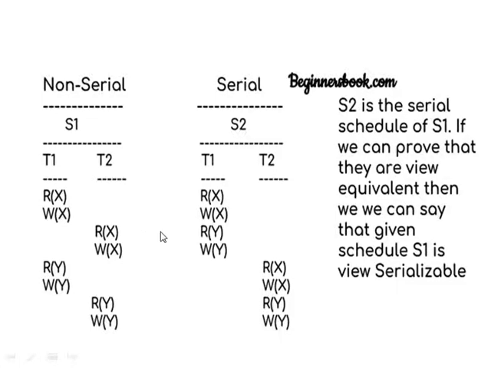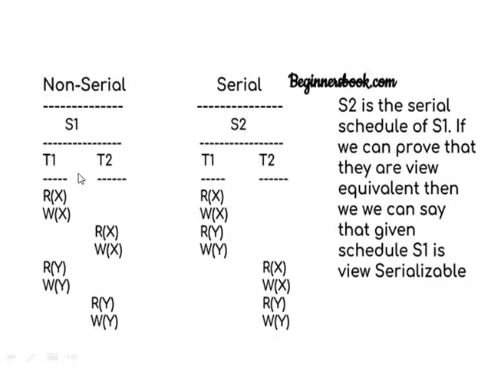The last one, update read. In S1, transaction T2 reads the value of X written by T1. So first we are updating the X value. Before reading X by T2, first we are writing the X data item, and only then we are reading.